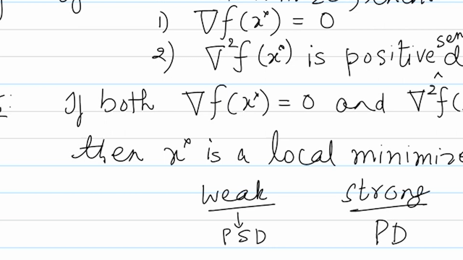Because I'm stopping at x square. So something like a plus bx plus cx square in general is a parabola, right? Now, if I want my point to be a local minimizer, what can it be? Any kind of parabola? No, it should be an upward opening parabola. Then the bottom of that parabola is the minimizer.